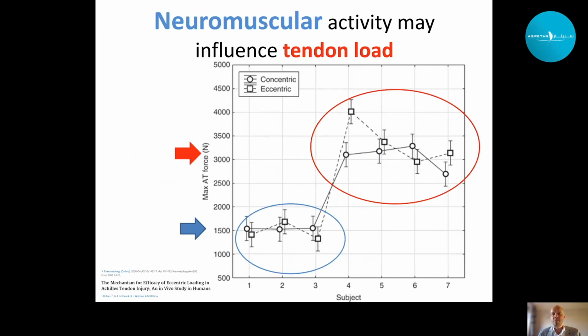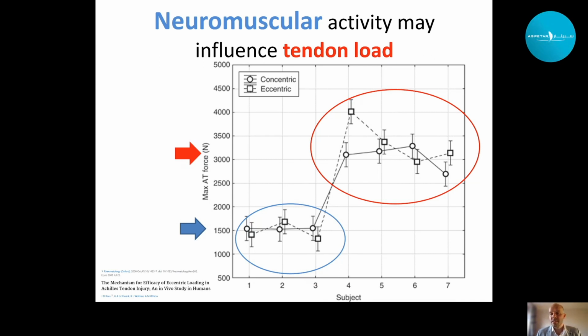We know that in some people, even if we match them for sex, gender and weight, so these subjects are about 70 kilos, there's 7 subjects, some have much higher intratendon loads, this red group, when they do a heel rise, and the blue group have a much lower intratendon load.